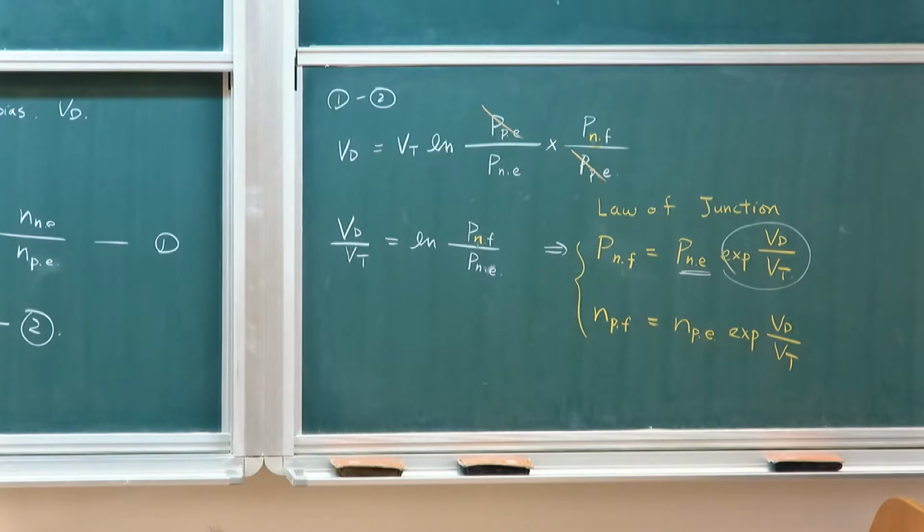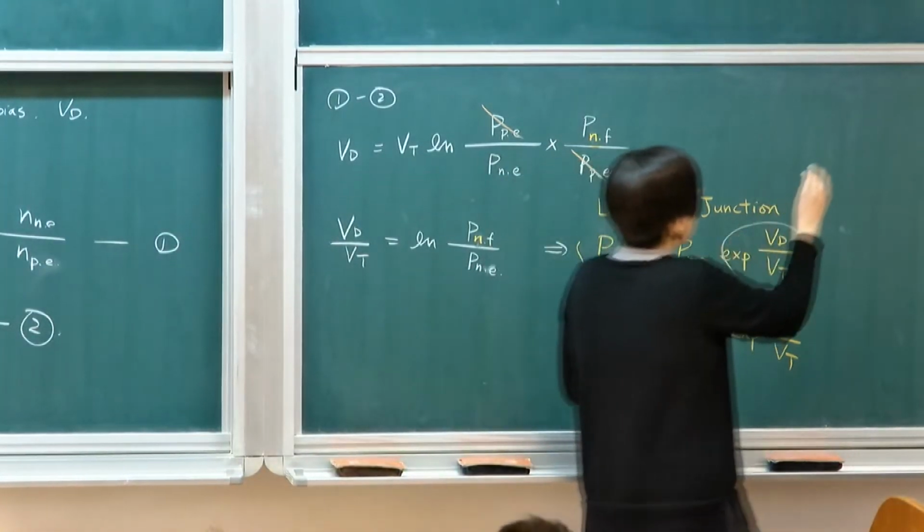So how much you raise from here to here depends exponentially on the forward-bias p-n junction voltage. Okay? So once we have this finding, we already know this point, the excess minority carrier. Then this will be fairly simple.